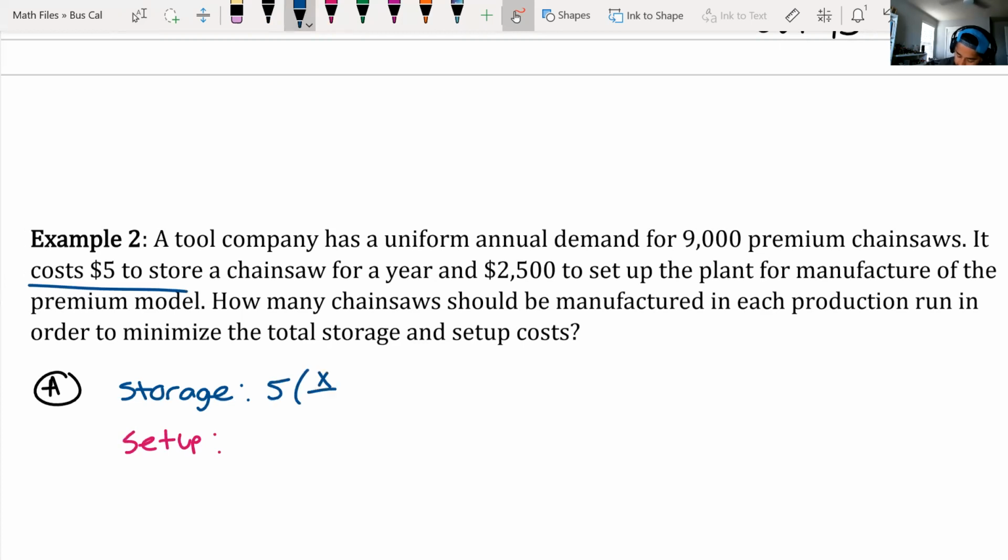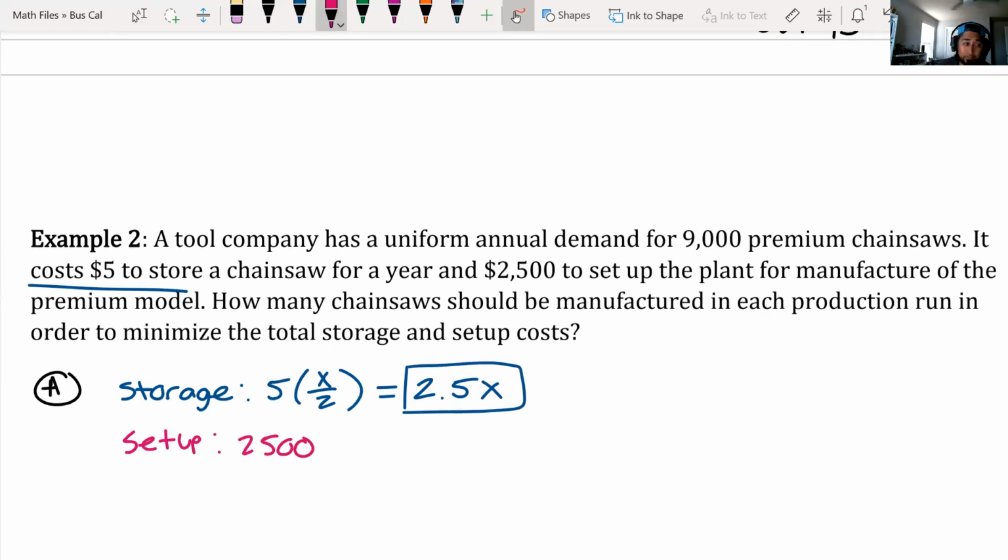So 5 times X over 2, 2.5X. Setup, it says it costs $2,500 to set up each time, and it's 2,500 times Y. So 2,500Y.